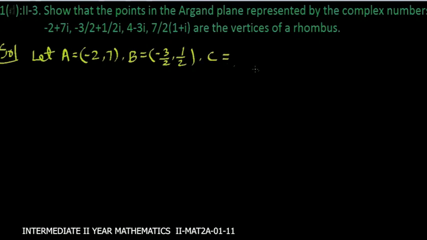Third point C is (4, -3). Fourth point D is (7/2, 7/2). So these are the 4 points represented by the given complex numbers.